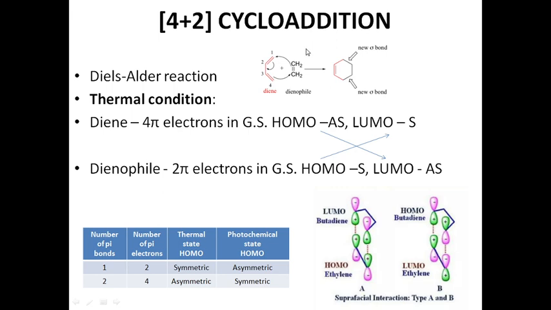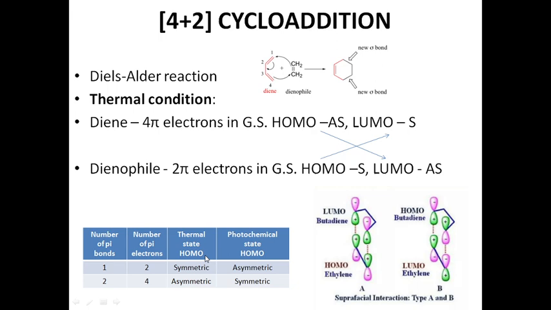Okay, so now let us see. We have to consider, see here, this is the donor, diene. This is the dienophile, which means it likes the diene, because diene is the donor. Diene has 2 pi bonds, which means 4 electrons.